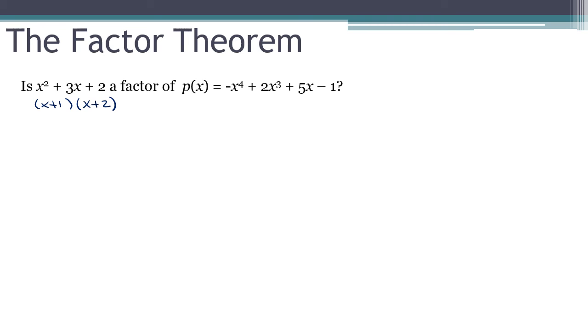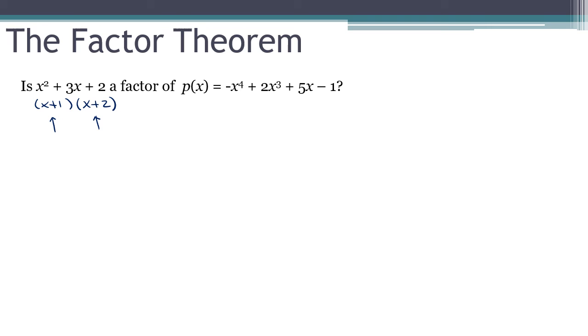And now I'm going to use the same kind of principle that I use for talking about numbers. The only way 6 divides something evenly is if its factors do, if both 2 does and 3 does. Well, that's what I'm going to do here. I'm going to see if this factor divides it, and I'm going to check and see if this factor divides it. And if both of them do, well, great, then their product does.